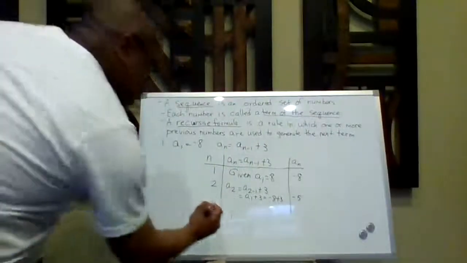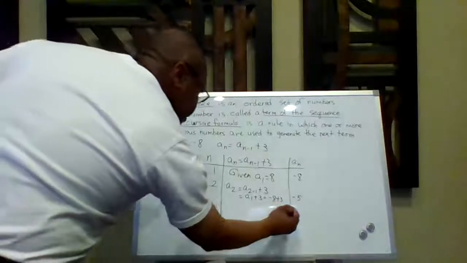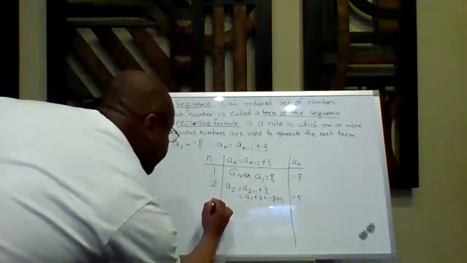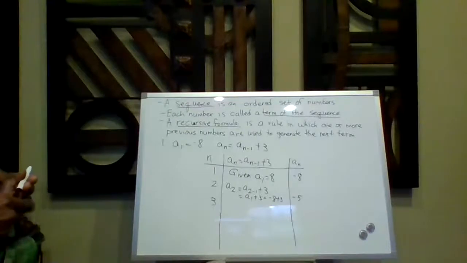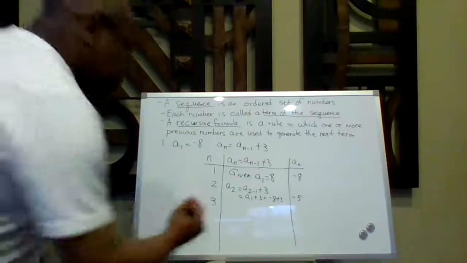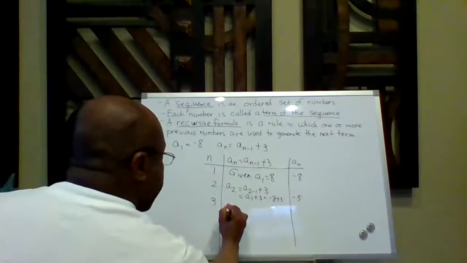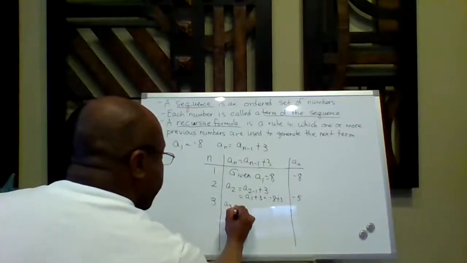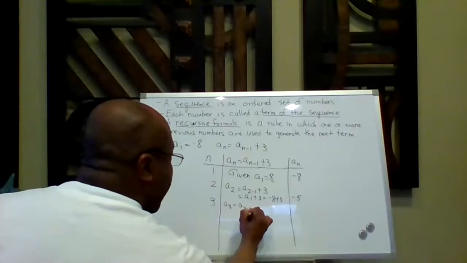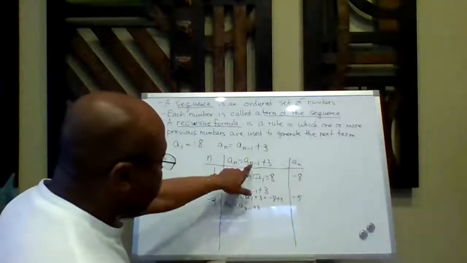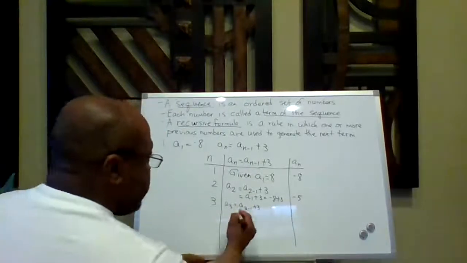Now, to find a sub 3, we replace n with 3. So now I'm looking at a sub 3 equals a sub 3 minus 1 plus 3.